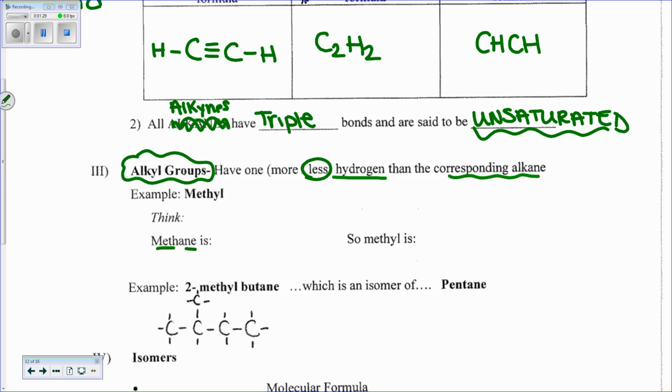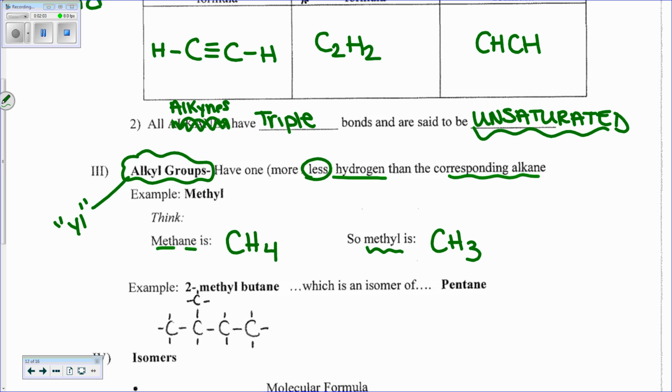Methane, C1H, the ane is going to be CnH2n+2, so H4. And I have to have one less hydrogen, so methyl is CH3. So alkyl groups have a yl ending. That means I'm just like my alkane, only I have one less H.